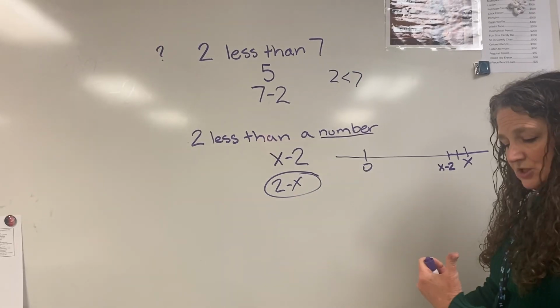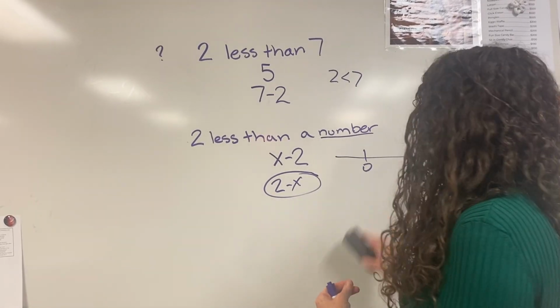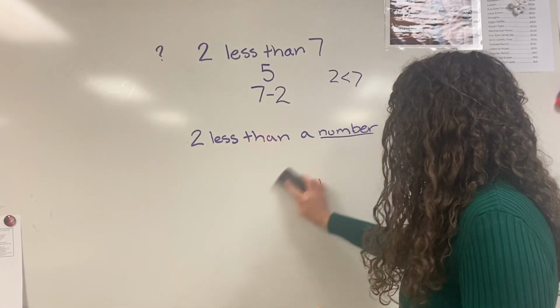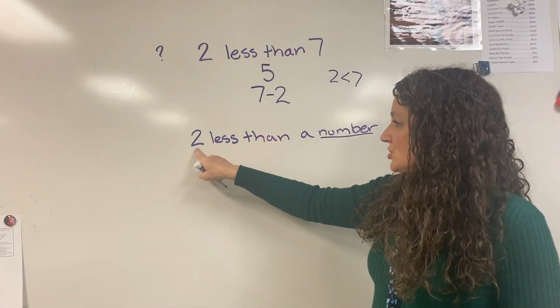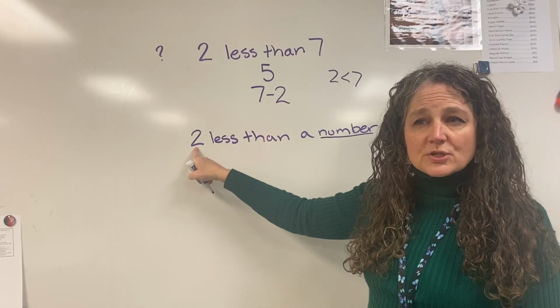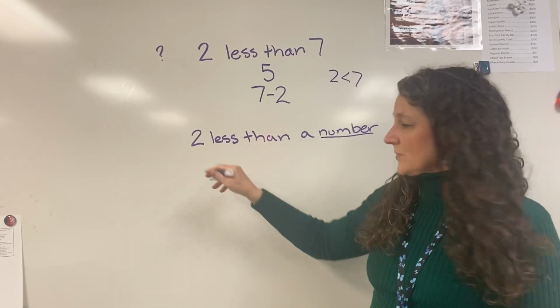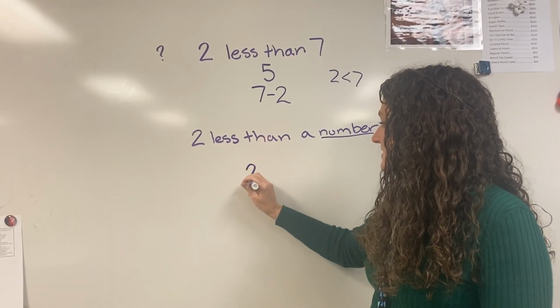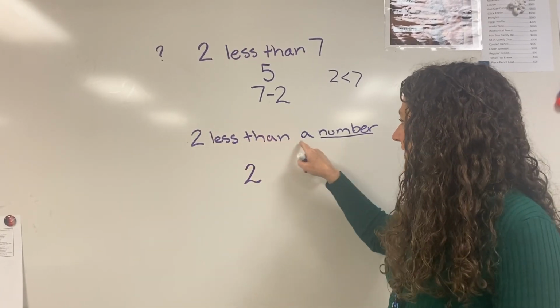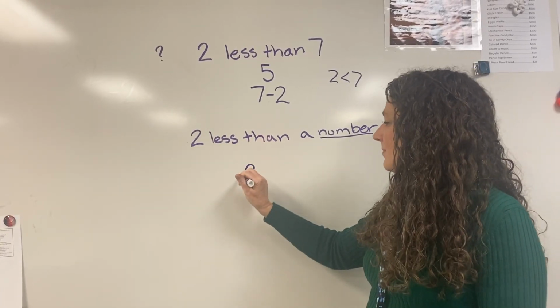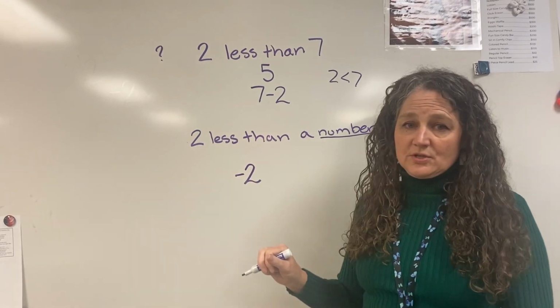When it says 2 less than a number, this is how I do this. I go, all right, 2. I'm doing something with the number 2. So what do I need to write? 2. And this is where it gets challenging. Less than a number. I'm going to put my minus sign in front of the 2.